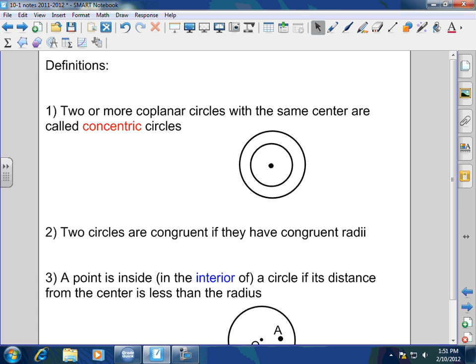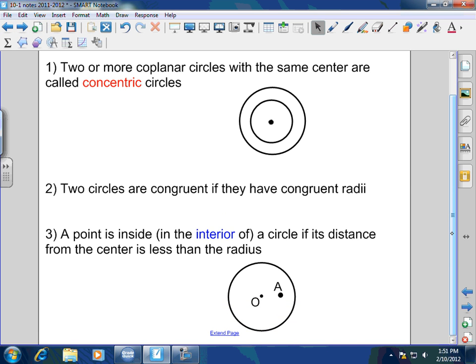Okay? Now, sometimes you're going to have word problems or proofs or situations where they're talking about points that are inside, outside, or on the circle. I know that it's pretty standard. You guys know what inside and outside and on mean. But let me just go ahead and make sure that you understand the true definition of this, please. A point is inside, in other words, in the interior of a circle, if its distance from the center is less than the radius.